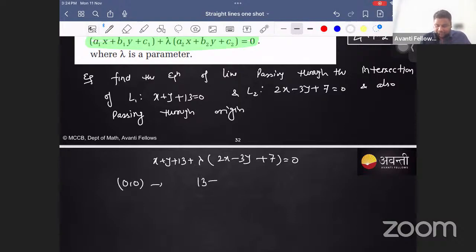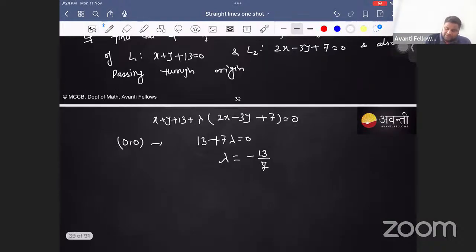You get 13 plus 7 lambda equals to 0, so lambda is minus 13 upon 7. So the equation is x plus y plus 13 minus 13 by 7 times (2x minus 3y plus 7) equals to 0. Now you can simplify it and get the correct answer.